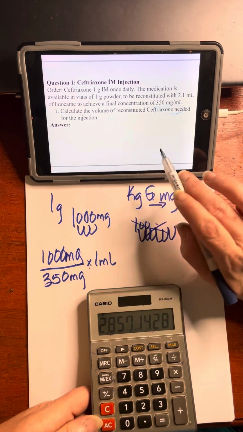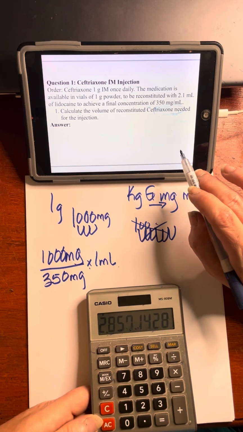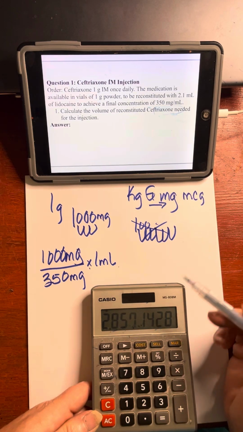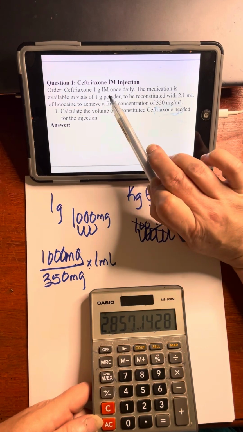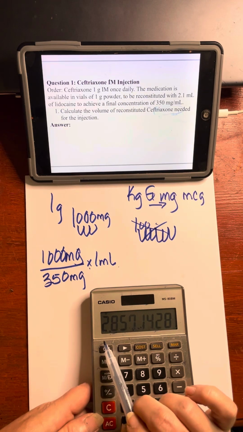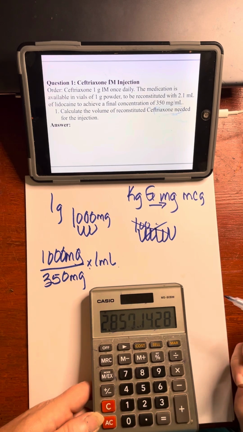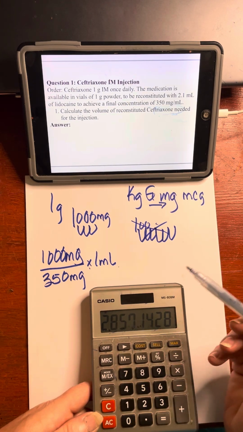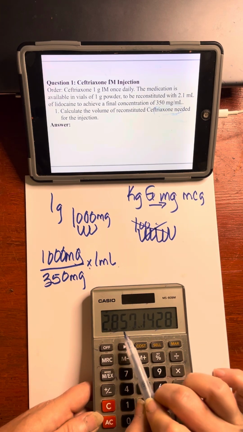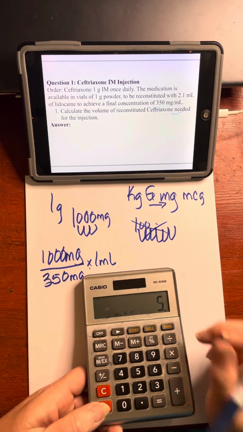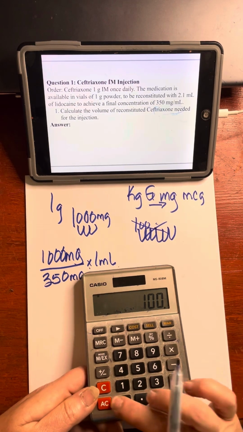And so look, if she hadn't said nothing in the lecture about how she wants you to round, this is going to be an IM injection. So I'm going to leave it at 1 decimal place after the decimal. Because you see that 5 is going to make that 8 and 9.